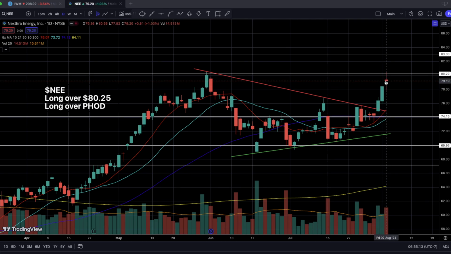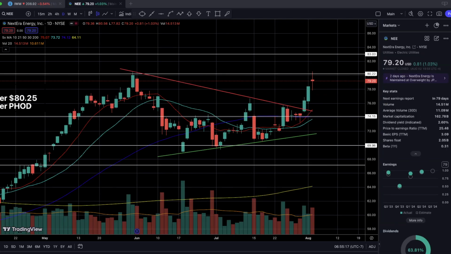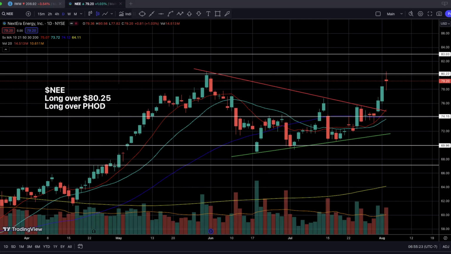the overall market. And NEE also happens to be an electric name. It's part of the electric sector, or the utilities sector specifically, right? It's electric utilities. And utilities have also found some very, very good strength this year so far, but it's also a defensive sector.